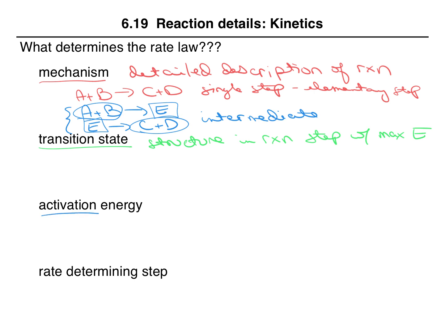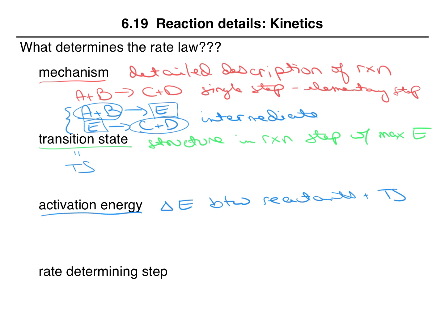We also have to consider the activation energy. So the activation energy is the difference in energy between the reactants and the transition state. So transition state, I use TS. So the activation energy is the difference in energy between the reactants and the transition state in any elementary step.